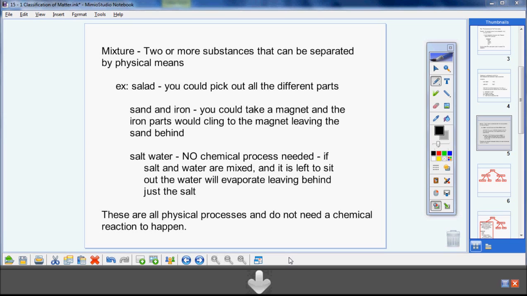You still have the same ingredients that were mixed together in the first place after they've been separated out. So, write it down, these are all physical processes and do not need a chemical reaction to happen.